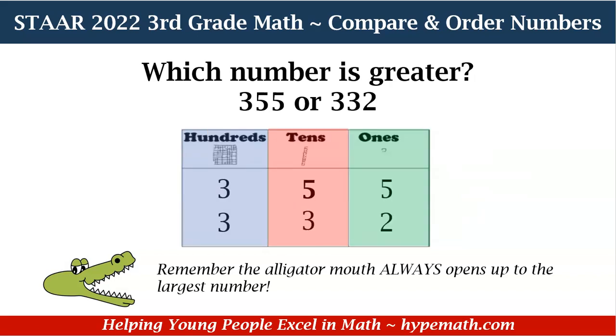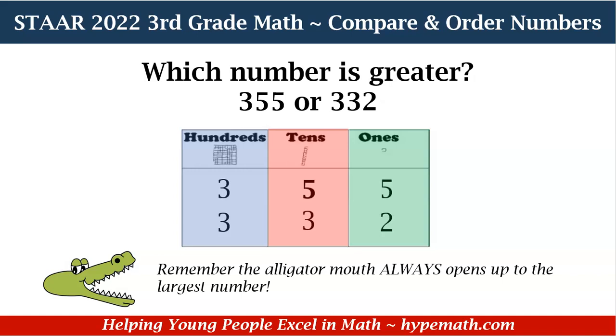We have which number is greater, 355 or 332. And remember, the first step is we're going to write our numbers and we're going to line them up with the place values. Here in our example, we see that we have 3s in the hundreds place, a 5 and a 3 in the tens place, a 5 and a 2 in the ones place.